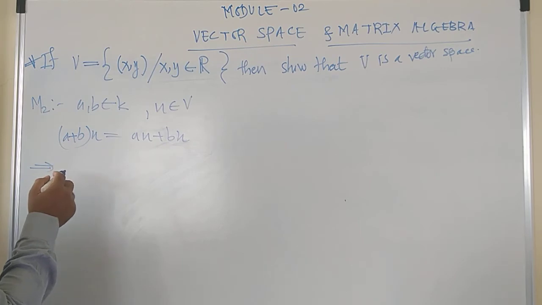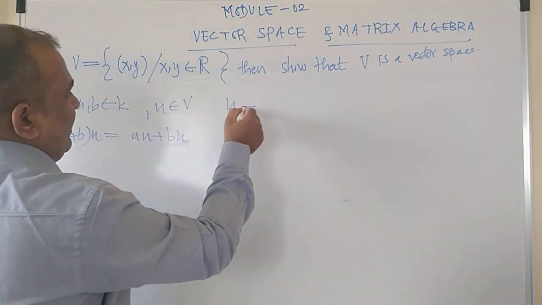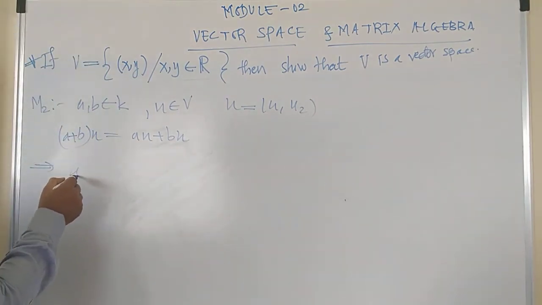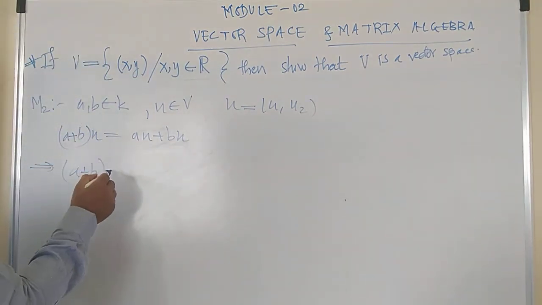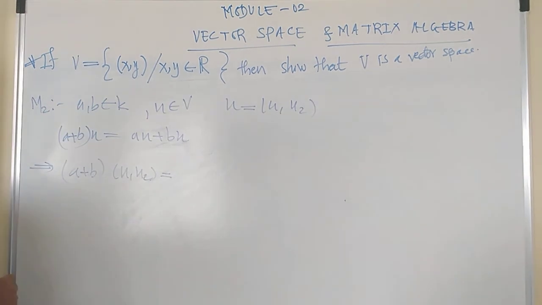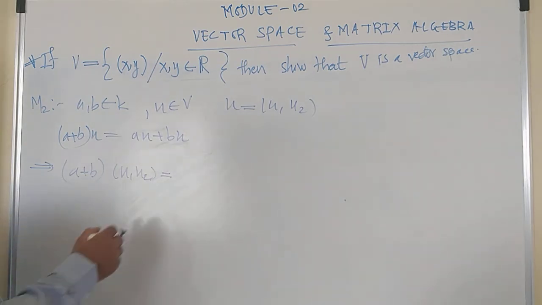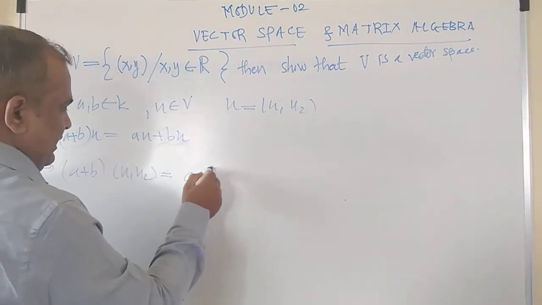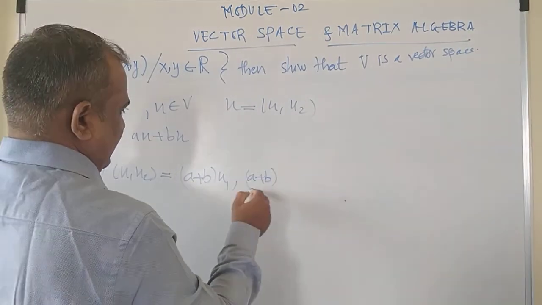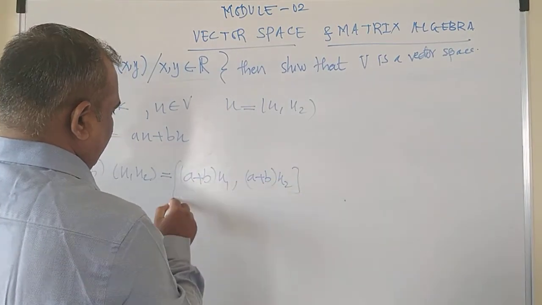Now to do this, let us consider u is a vector and its elements are u1, u2, and check for this. So (a plus b) into (u1, u2) is equal to (a plus b)u1 and (a plus b)u2.